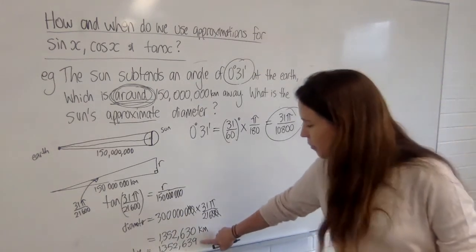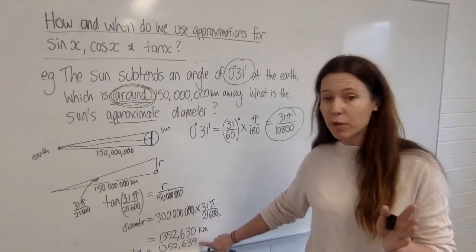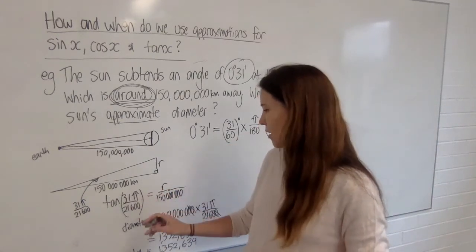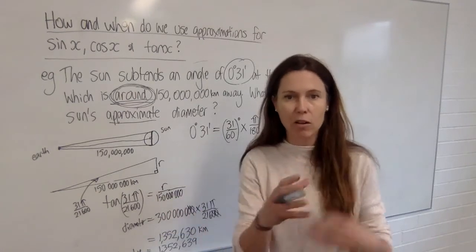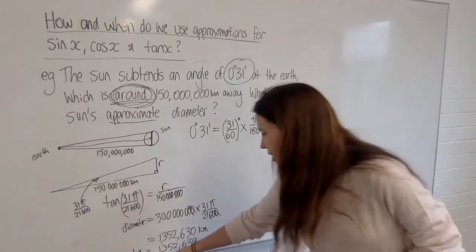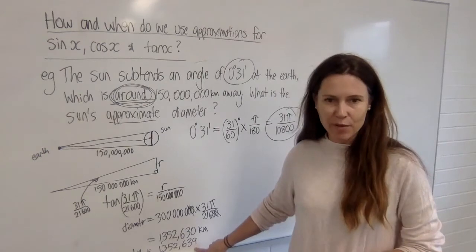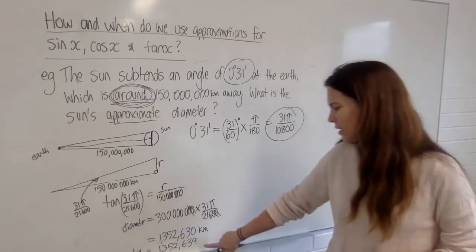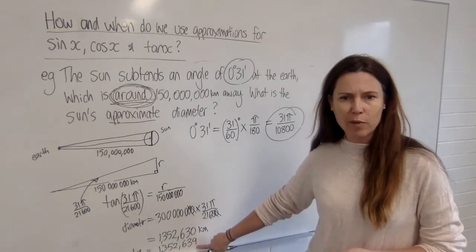Now, if I compare this to the exact value I would have got if I'd done the same calculation, but instead of making the approximation had just put in the tan of that angle, the answer is only 9 kilometres different. And out of 1.3 or so million kilometres, I don't think 9 kilometres is too much of a problem.